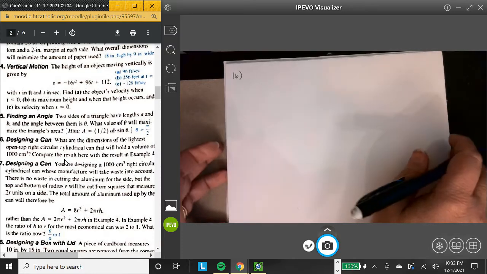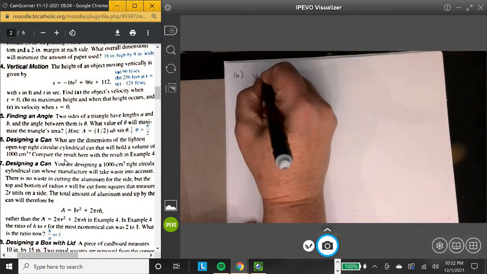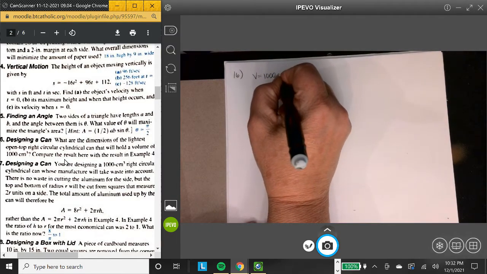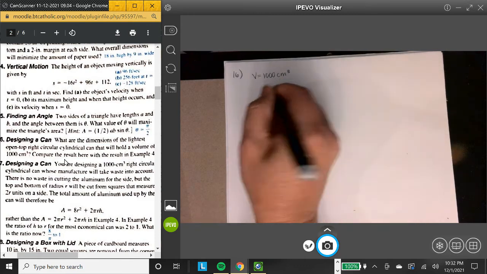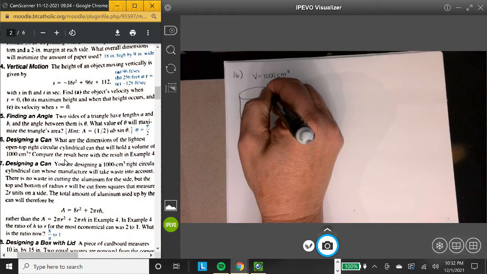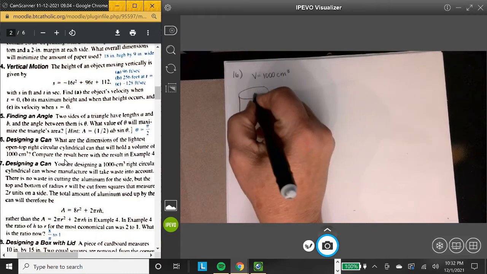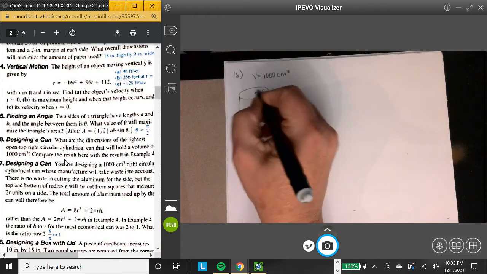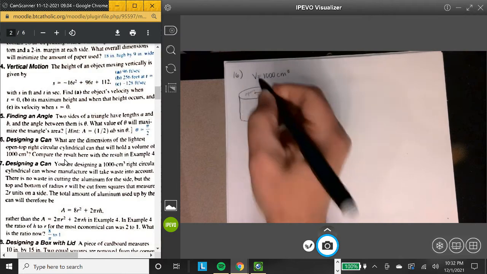Okay, so first of all, I know the volume has to equal 1,000 cubic centimeters. Okay, and then I want a can that is open. Here's my right circular cylinder can that has a radius r, and I know that the top is open.